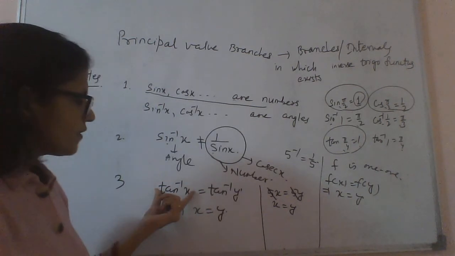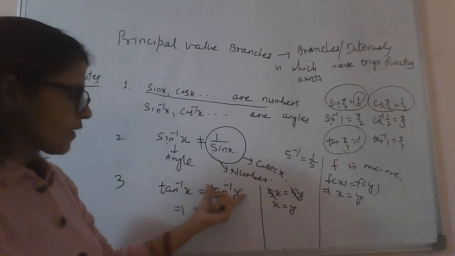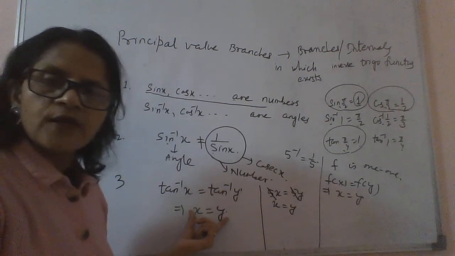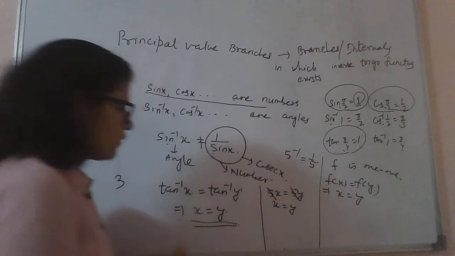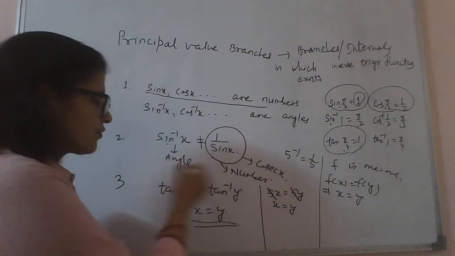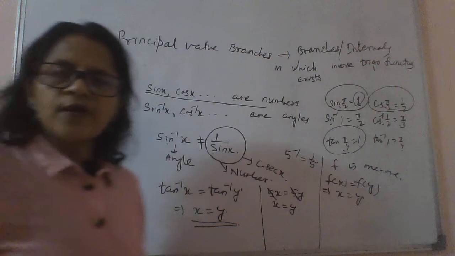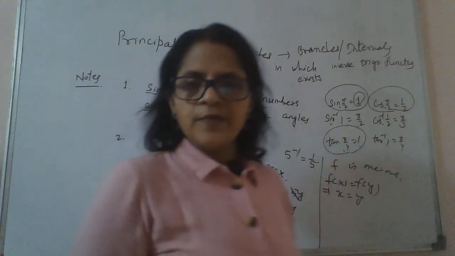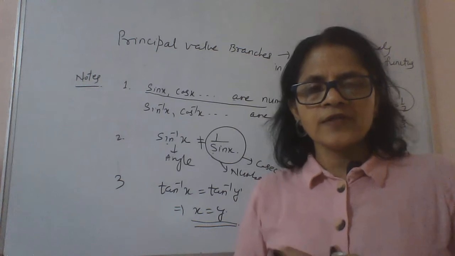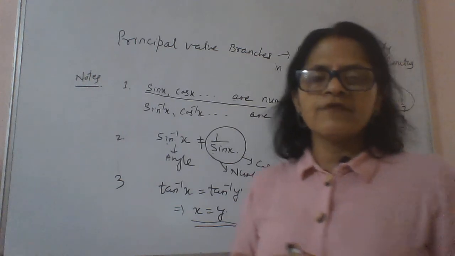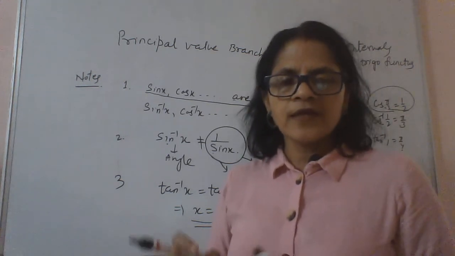So tan inverse x equal to tan inverse y implies x equal to y. This is the reason we get x equal to y. Please do not cancel. Cancelling this means you are not conceptually clear, because cancellation happens whenever we multiply something. Cancellation is basically the reverse process of multiplication.